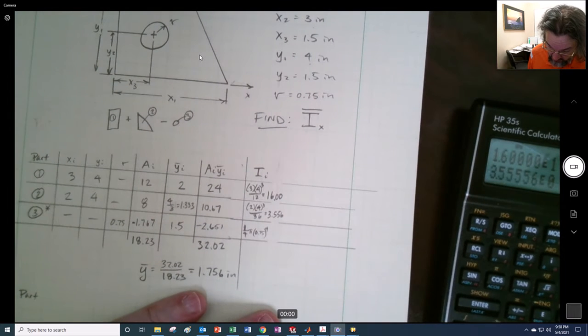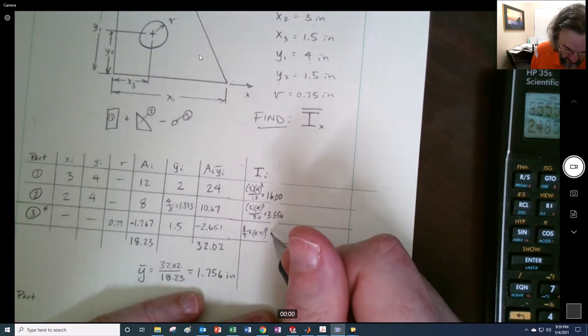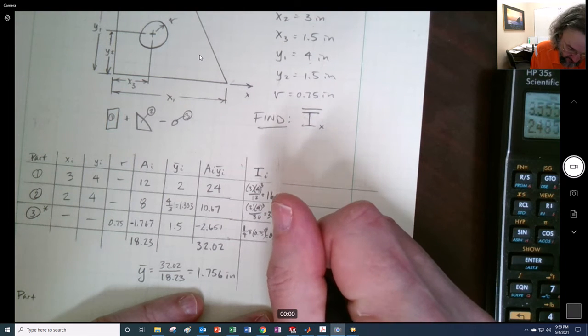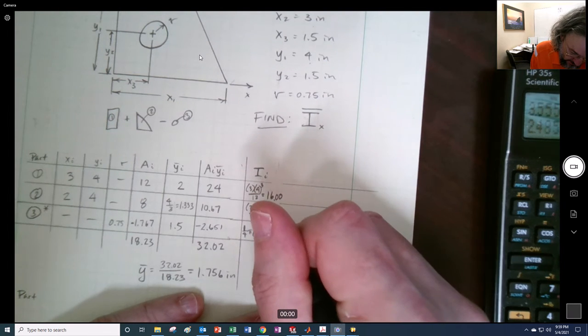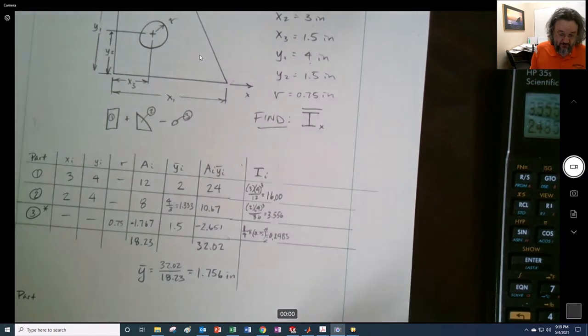So 0.75 raised to the 4, multiplied by pi, divided by 4. Let's get a small number. 0.2485. And I need to remind myself that it's negative.